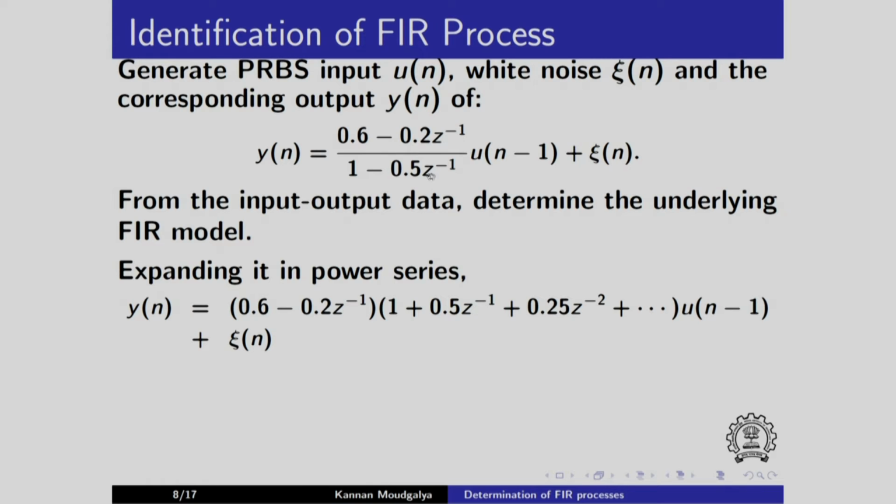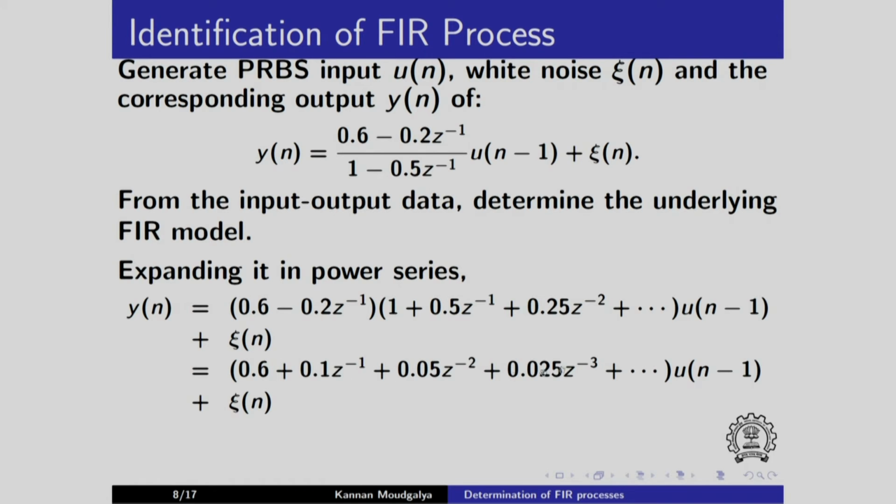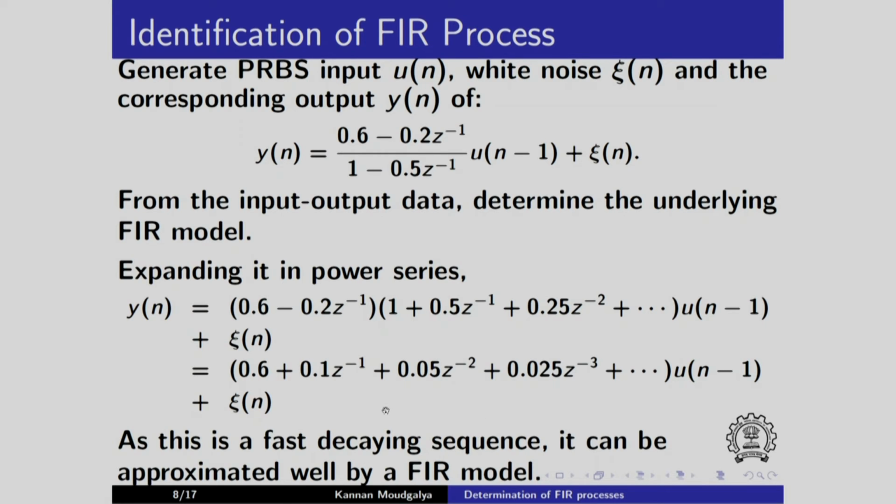So let us expand this in power series. Let us take this denominator term to the numerator, and the power series expansion is this. When I multiply these two factors, I get this expression, and because it is a decaying sequence, in fact a fast decaying sequence, it can be approximated well by a FIR model.